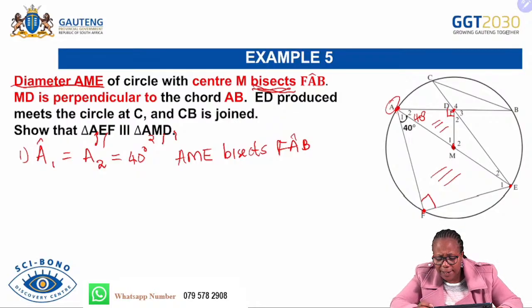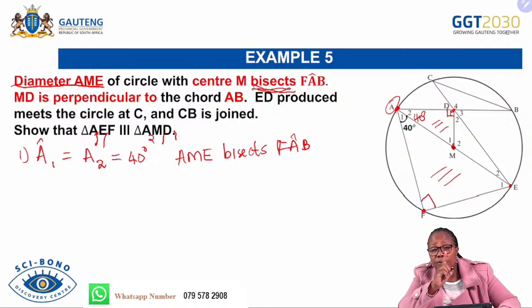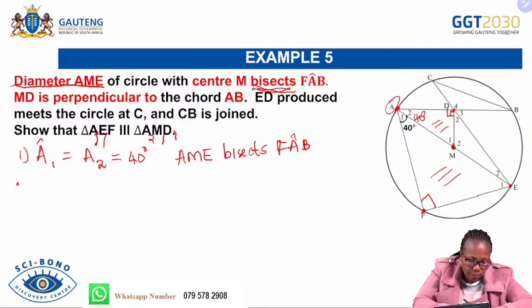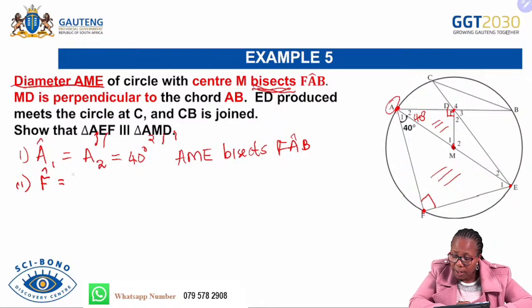Okay, we have angle F. Remember we said F is 90 because of the diameter. You need to tell us that before, grade 12, because that 90 was not given to you. Okay, tell us that now. That angle F is equal to 90 degrees, because of the angle on a semicircle or half circle.